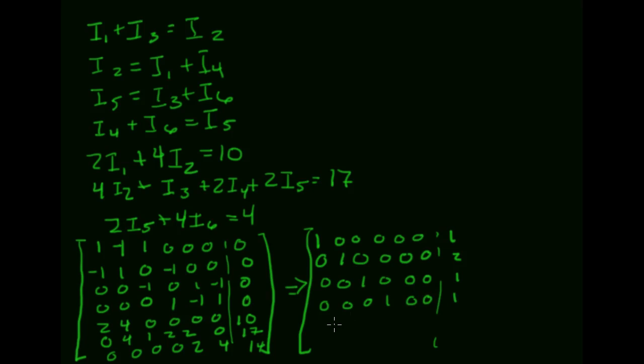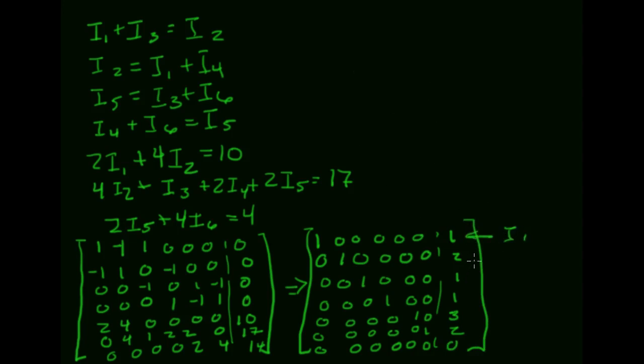Just kind of filling in the rest of the matrix here. Okay, so this gives me my list of currents.